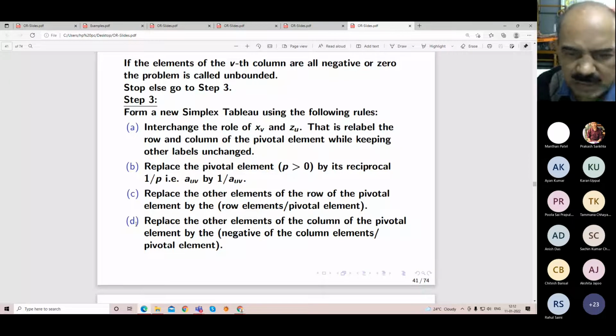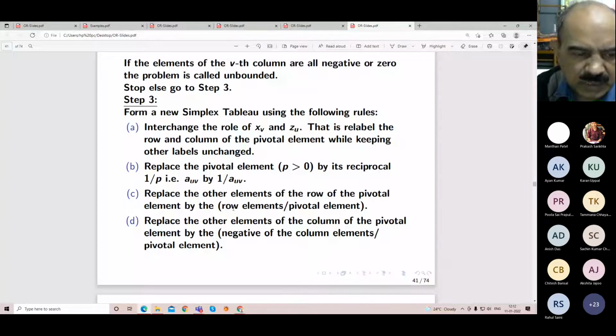Similarly, with respect to the key element, there is a particular row and a particular column. With respect to the row, replace the other elements of the row of the pivotal element by the row element divided by the pivotal element.